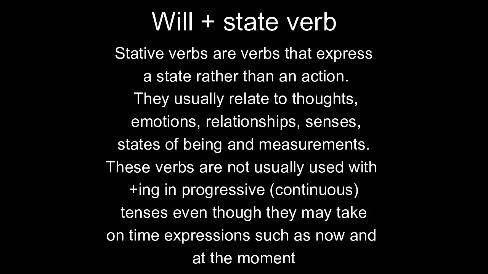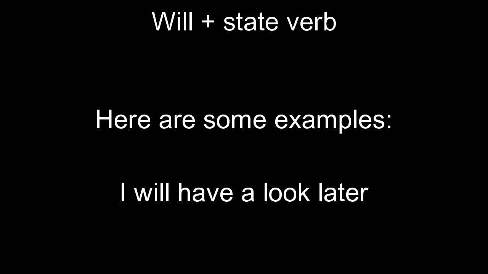They usually relate to thoughts, emotions, relationships, senses, states of being and measurements. These verbs are not usually used with ing or progressive tenses, otherwise known as continuous tenses, but they may have a time expression. Example, I will have a look later.